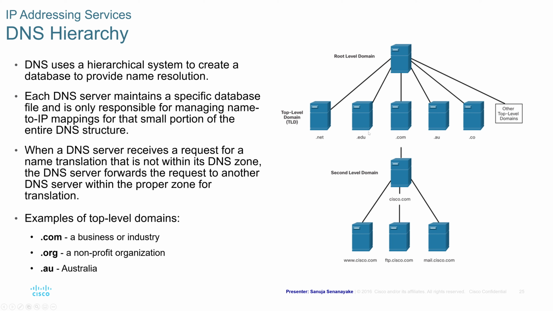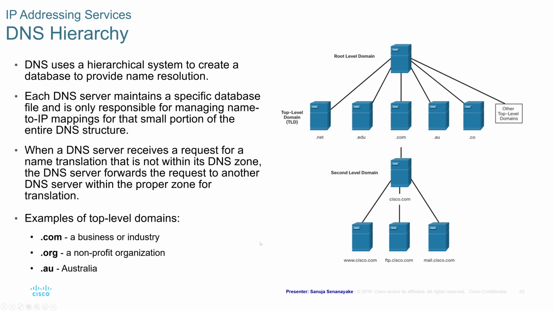They include .net, .edu, .com, .au, .co, etc. And underneath it, let's say we have sanuja.com or cisco.com, it becomes the second level domain, and that may include something like ftp.cisco.com, mail.cisco.com, and these are like web, FTP and mail. You can further divide it out with subdomains.